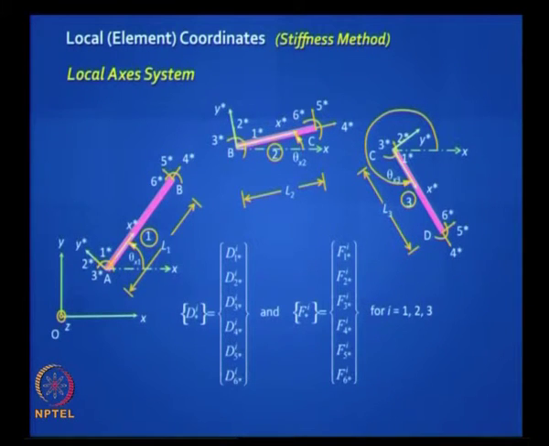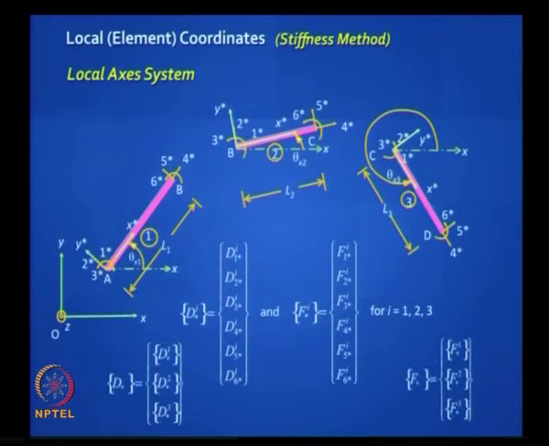You remember the star is what we use when we want to refer to the local system, and in the superscript we put i referring to the ith element. So here i can be 1, 2 or 3, and you have 6 different displacements and 6 different forces.